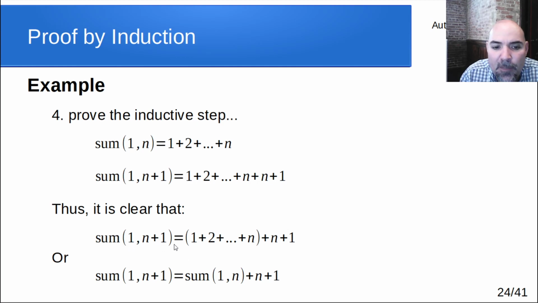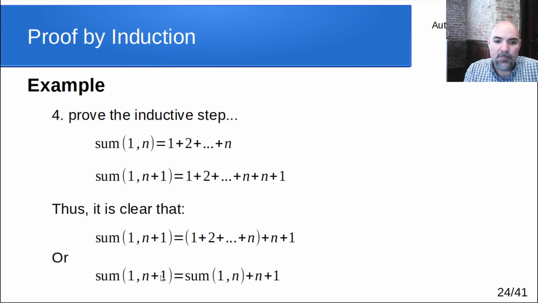The sum of 1 to n plus 1 is 1 through n. We just put parentheses around those to group them, plus this n plus 1 at the end. But the sum of 1 through n is what we defined as the sum of 1 to n. So now we're just going to take that and plug that in. In other words, the sum of 1 to n plus 1 is the same as the sum of 1 to n, and then we've just added the n plus 1 on the end of that.